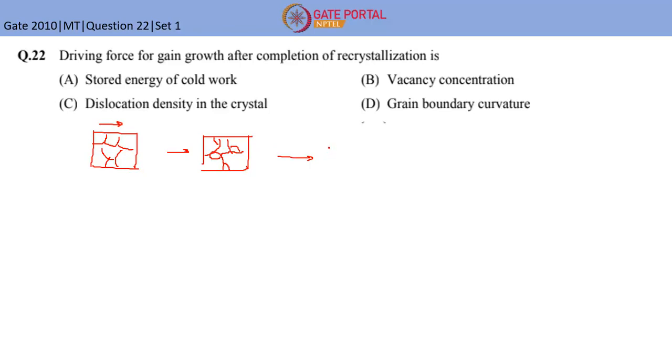So what happens is, when we give time and temperature for kinetics, these grain boundaries will try to align like this. Most of these grain boundaries will try to reduce the area.